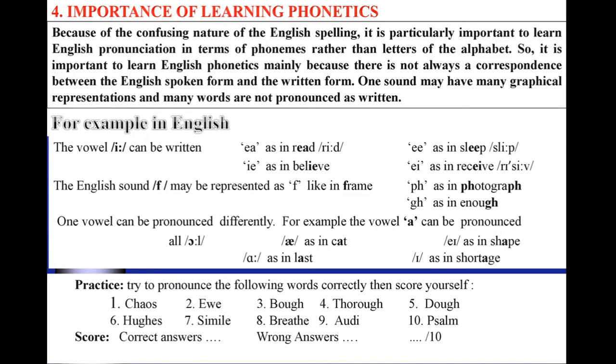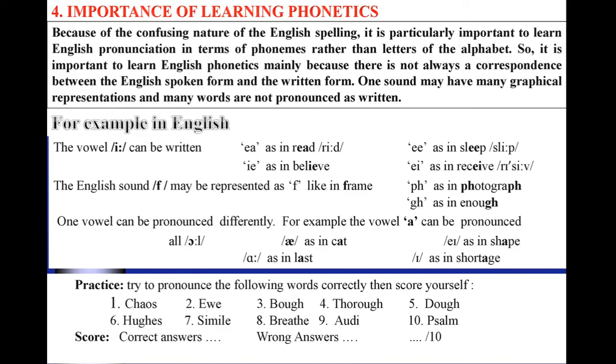It is important to learn English phonetics mainly because there is not always a correspondence between the English spoken form and the written form. One sound may have many graphical representations, and many words are not pronounced as written.